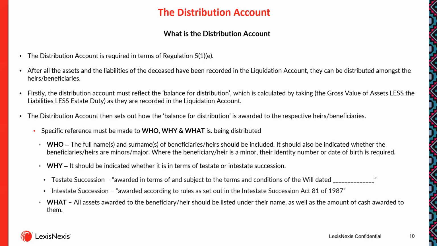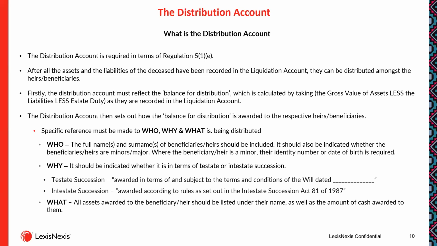Once we've indicated who, we indicate underneath their name why they are receiving this distribution. So this can either be in terms of a will or in terms of the Intestate Succession Act. When we indicate it's in terms of a will, we need to stipulate the clause in the will, the date the will was signed, and a reference to the will.